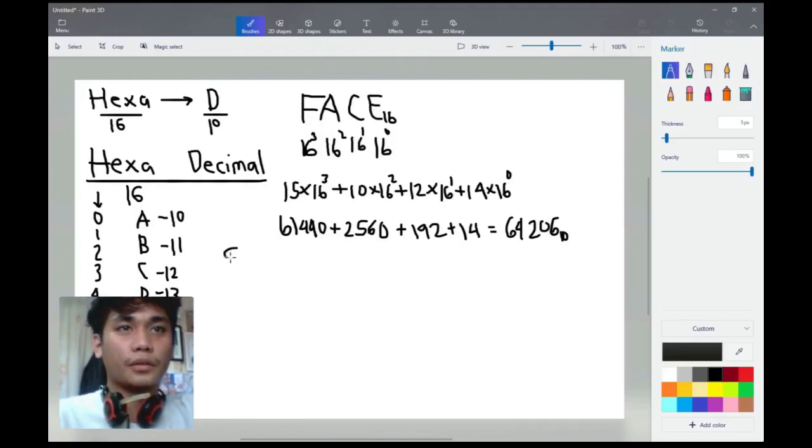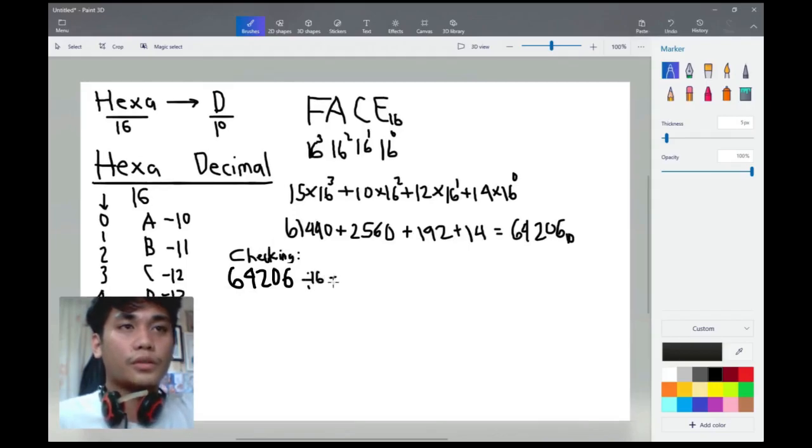So we're going to check. We have here the checking. So we have 64,206 divided by 16. That equals 4,012.875.